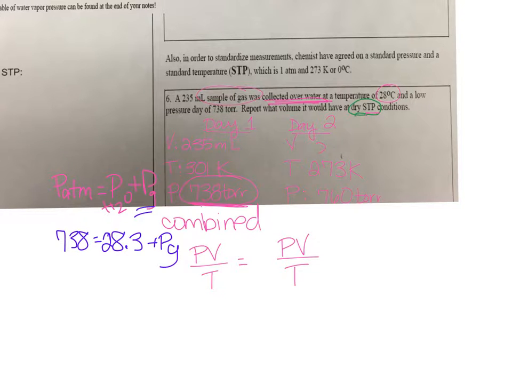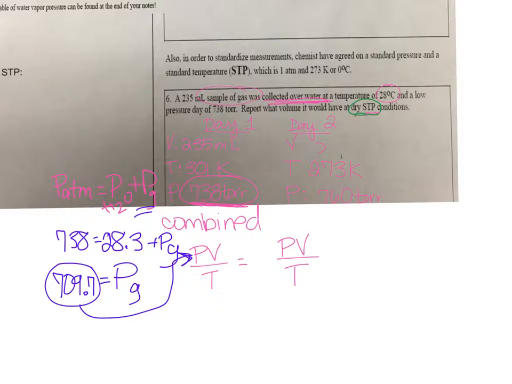What is the pressure of the gas? 709.7. There you go. This is the pressure for that first bit of information.